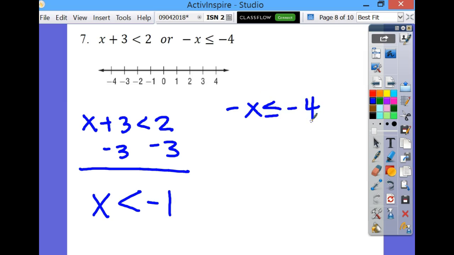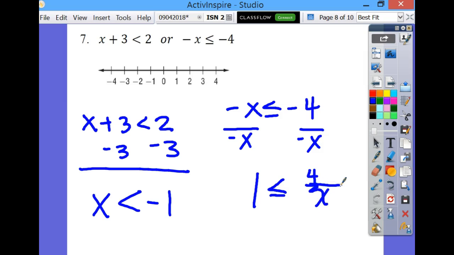Now, this is what I see a lot on this kind of problem that is incorrect. What is wrong with dividing by negative x? Right, and what's negative x divided by another negative x makes a 1. That's what you get when you divide by negative x.